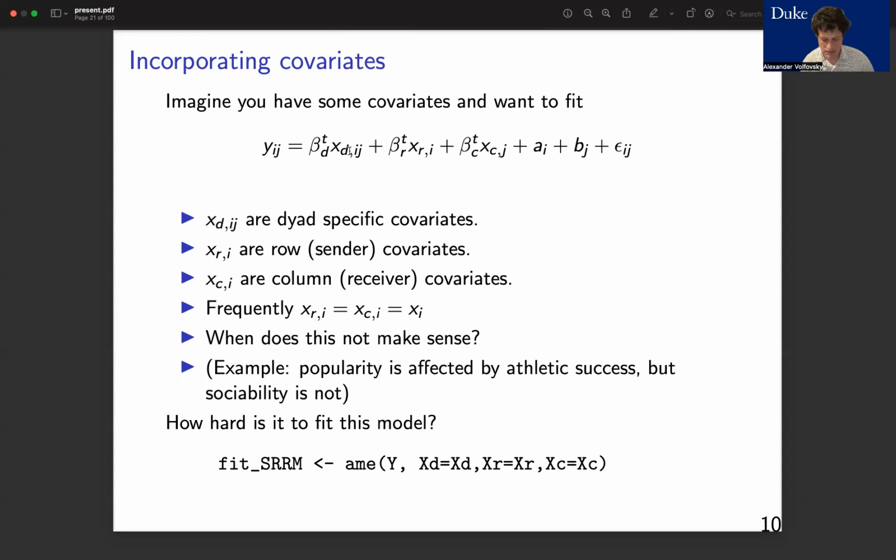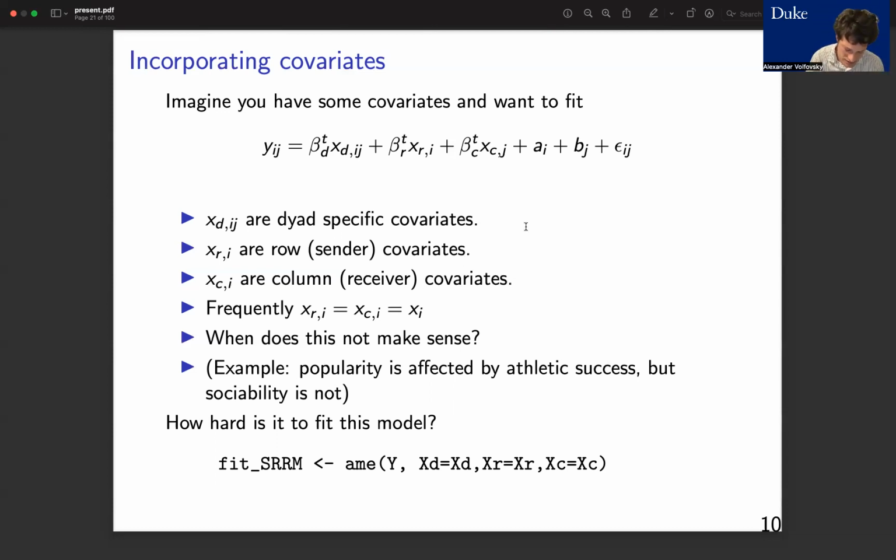This is information about the pair of individuals, whether or not they belong to the same community, or whether or not they both like to do something. Those might be more important or equally important to just knowing whether or not somebody having a particular level of education leads to them sending out more connections or receiving more connections.